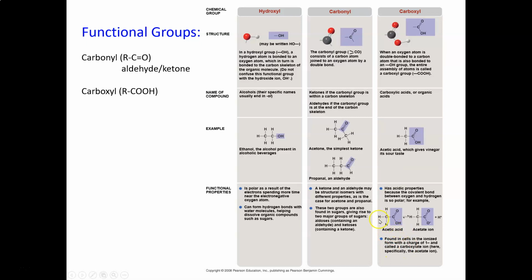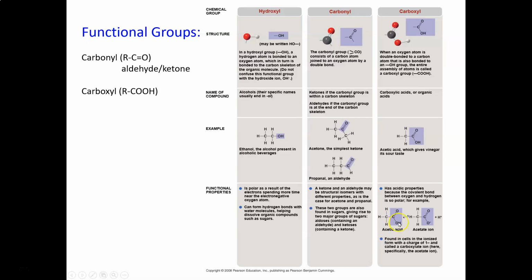Here's the chemical formula for acetic acid. When you see the word acetate or acetic, it typically refers to two carbon chains. So here's two carbons, all right? And the purple outlines the carboxyl group. The one carbon has a double bonded oxygen with another oxygen bound to that carbon and then a hydrogen.